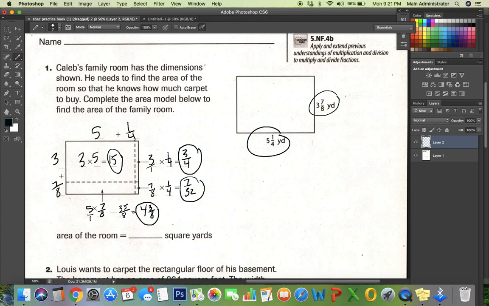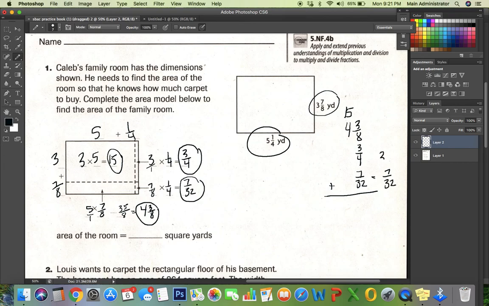I'm going to take these numbers and add them up. So I've got my 15, whole number. Then I have a 4 3/8, and then I also have 3/4, and I have 7/32. All right, this seems a little easy to me because I see 32, and I know I can make all these denominators be 32.